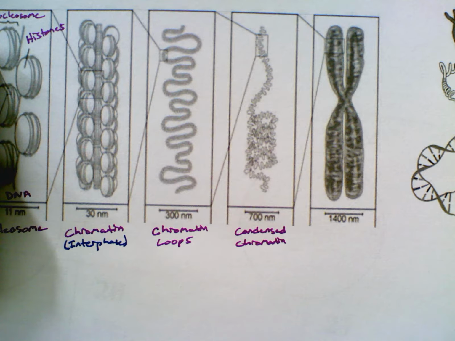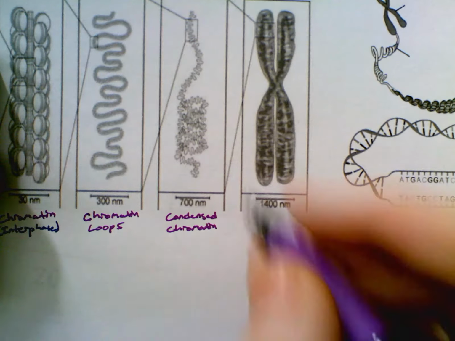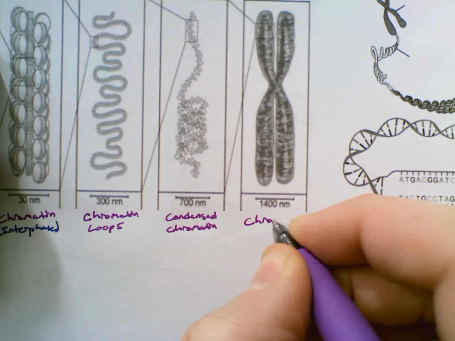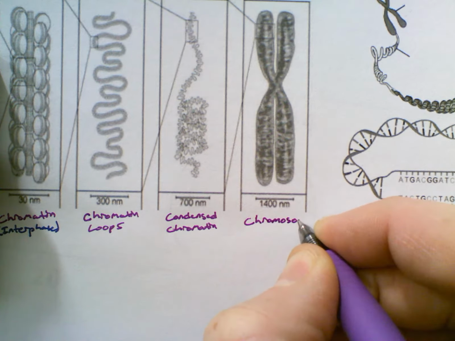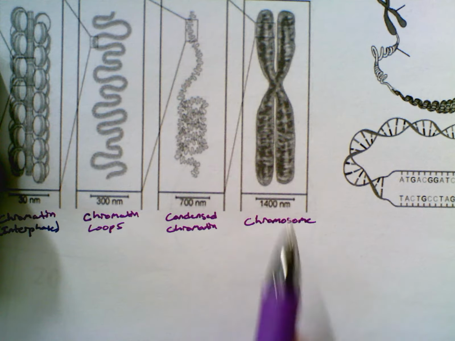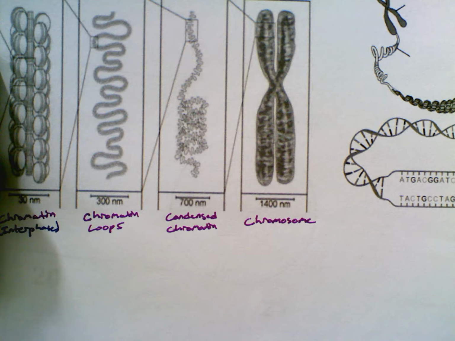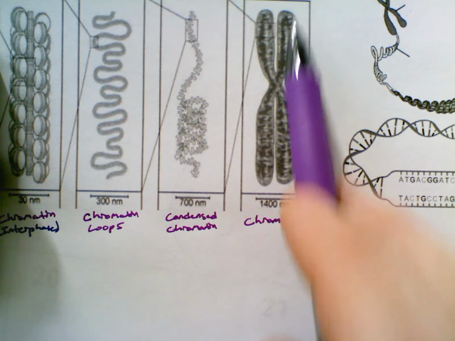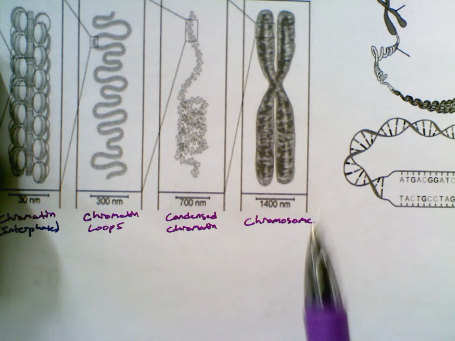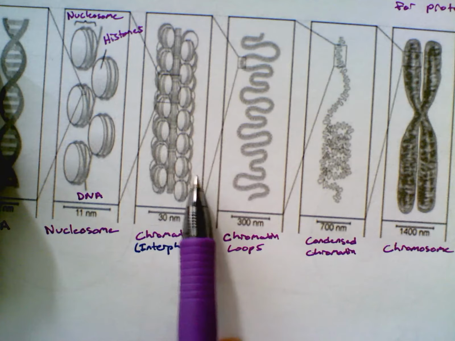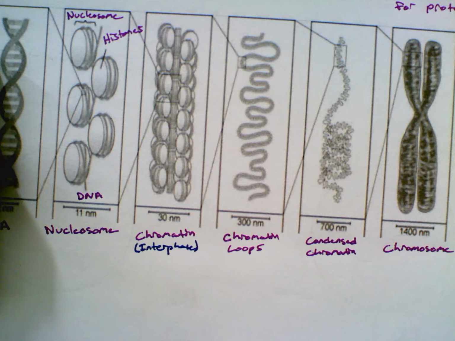And then finally, if the condensed chromatin wraps up into its final structure, you end up with the familiar chromosome. So, a chromosome is just tightly coiled and packaged DNA. That's all it is. And it's wound up with those histone proteins. That's the mechanism that keeps it tightly wound up and packaged. You're used to seeing DNA in the form of a chromosome, but normally it's going to be in the form of chromatin, loosely wrapped around these histone proteins.